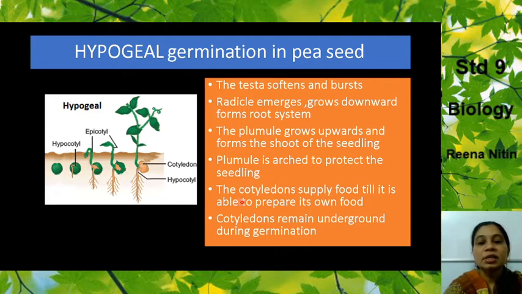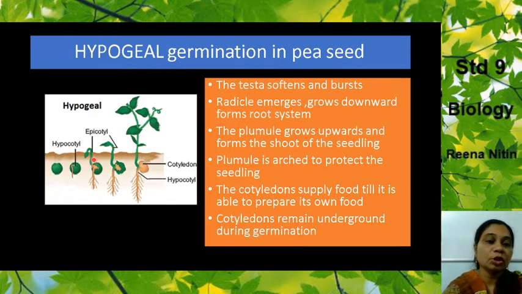The cotyledons supply food till the seedling is able to prepare its own food. So this cotyledon, down here, is supplying food to the growing seedling, and the cotyledons remain underground during germination. You can see the cotyledons remain under the ground. This is a type of hypogeal germination.